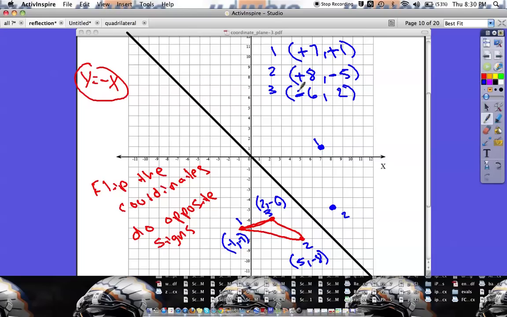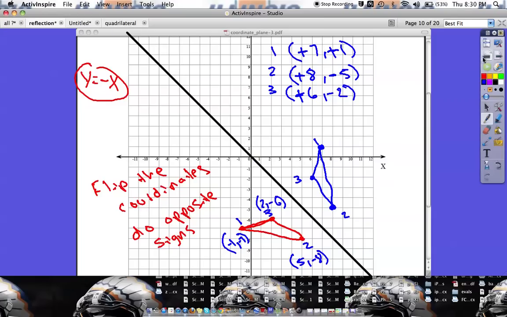So instead of negative 6, that's now positive 6. Instead of positive 2, it's now negative 2. So we'll go positive 6, negative 2. There's my point 3. Now if I connect my lines, that is that shape reflected over the y equals negative x line.